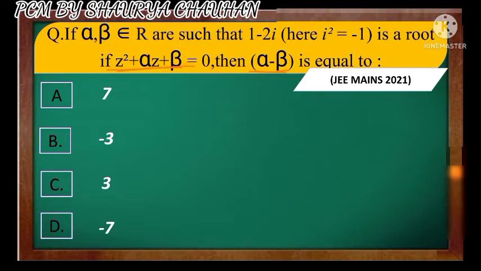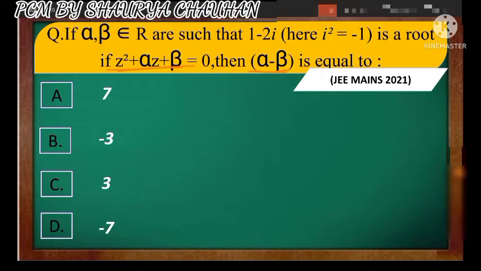So guys, 10 seconds left. Your time ends now. So now let's solve this question. Here we are given one root, 1 minus 2 iota. By this we can conclude the second root as 1 plus 2 iota, because for D less than 0 the roots are conjugate.